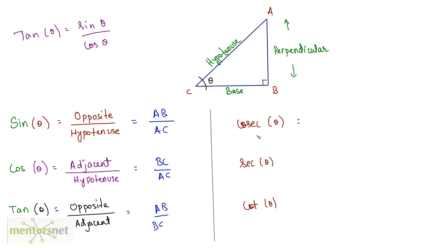The cosec of an angle theta is equal to the reciprocal of the sine theta, so this is equal to 1 upon sine theta. Similarly, sec is equal to 1 upon cos theta, and cot theta is equal to 1 upon tan theta. And naturally, cot theta is actually cosec theta upon sec theta.